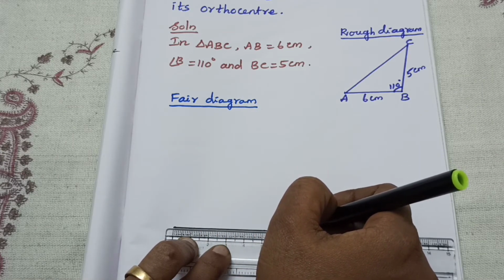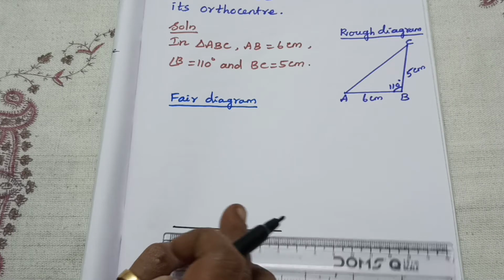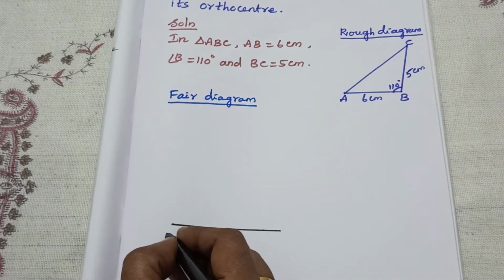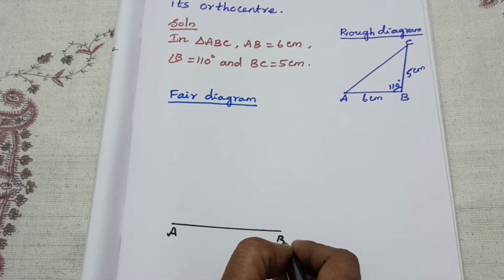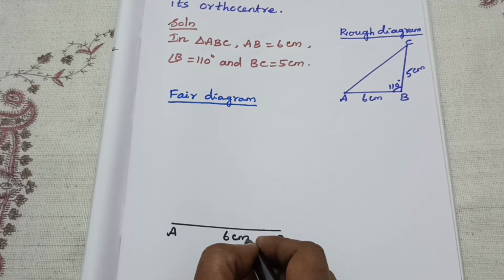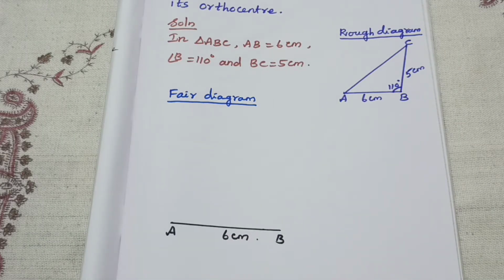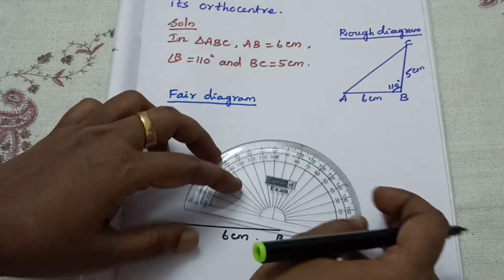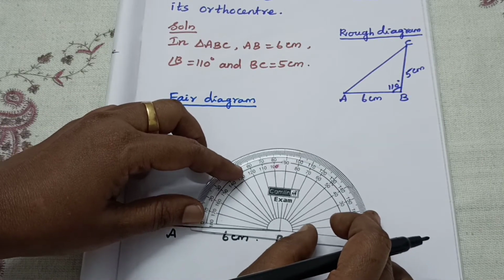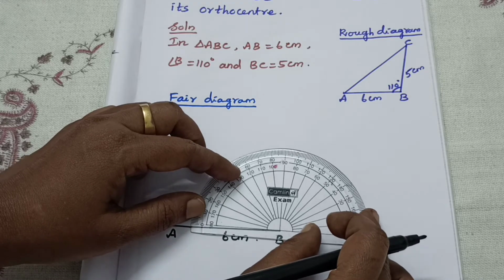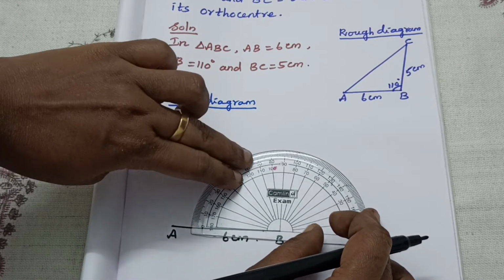This is 6 cm, AB is 6 cm. Then what angle is given? 110 degrees is given. From B, like this, we have to keep the protractor.